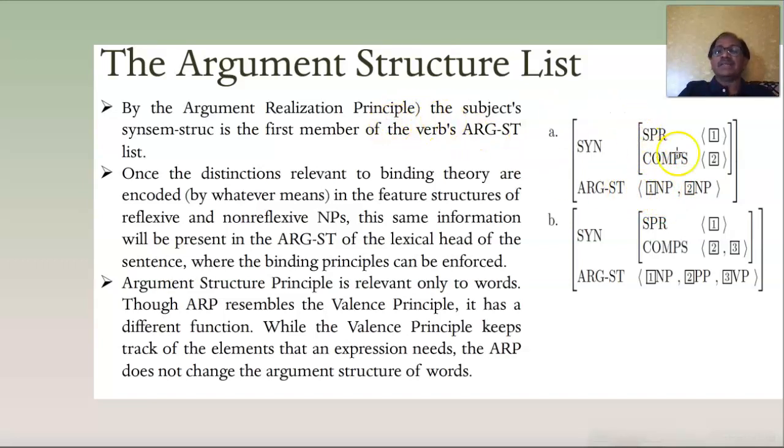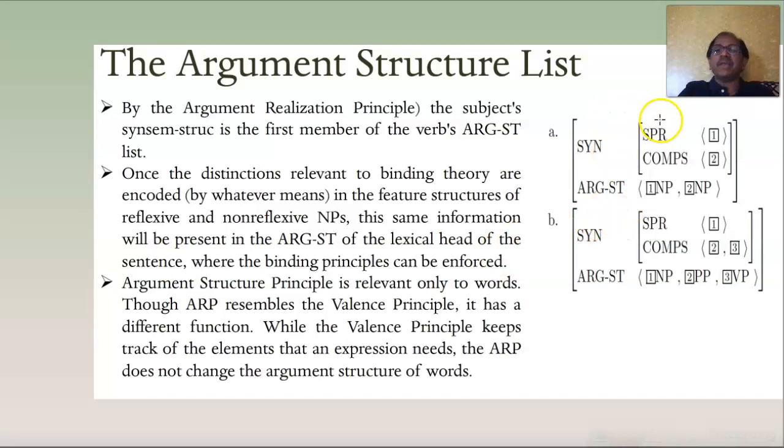Similarly, the objects' synsem structures are the same as the other elements in the argument structure. Once the distinctions relevant to binding theory are encoded by whatever means in the feature structures of the reflexive and non-reflexive NPs, the same information will be present in the argument structure of the lexical head of the sentence, where the binding principles can be enforced.